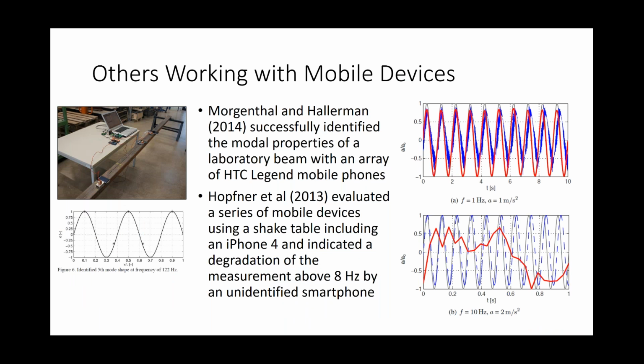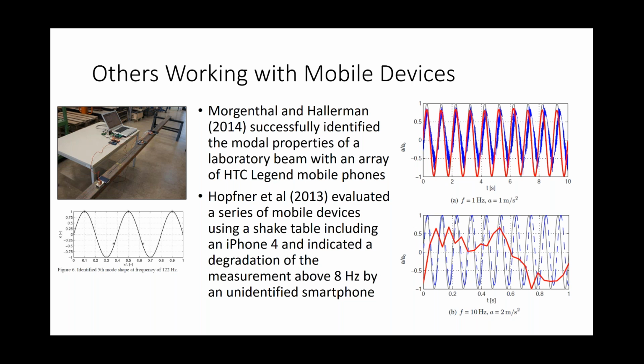So a little more literature, maybe a little more focused on mobile devices. There are a number of papers where people have attempted to use the accelerometers in mobile devices in order to get response data from structures. In many cases, it's in the lab, and in most cases, the papers compare lab results to some kind of a field study.